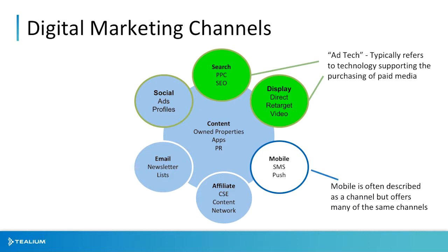The email retargeting that takes place where we acquire emails through lists and newsletters, affiliate sites that have a content network base which drive new visitors to your website domains, and then search and display highlighted in green to give you an indication that this is where display ad retargeting typically takes place.